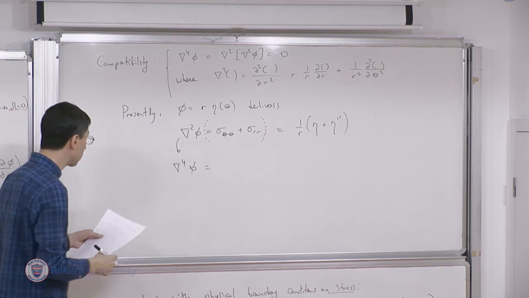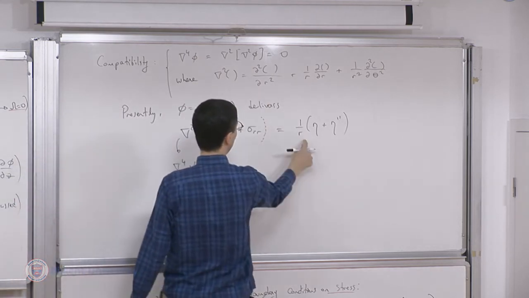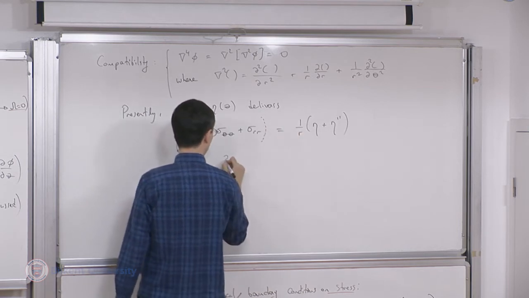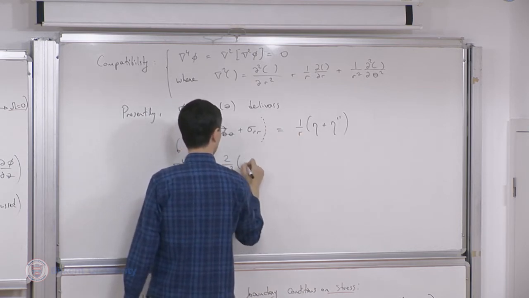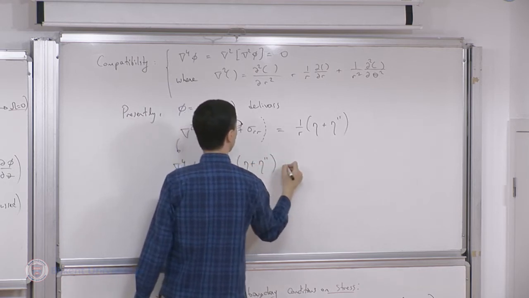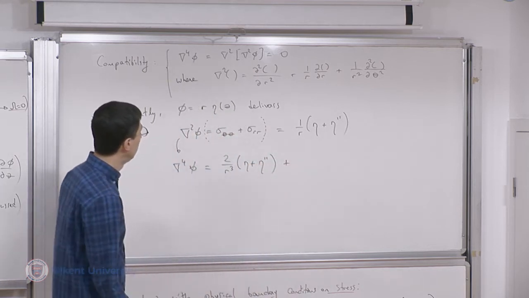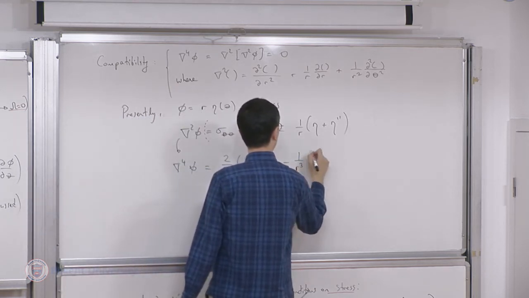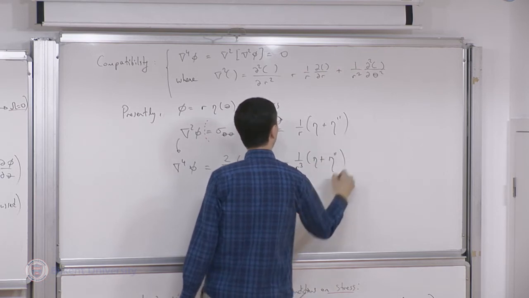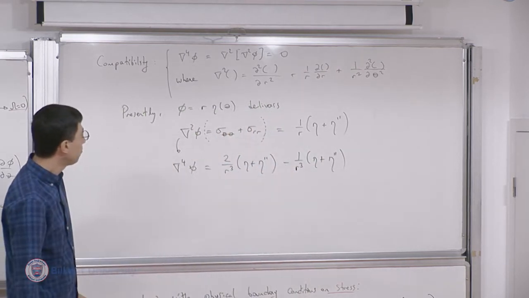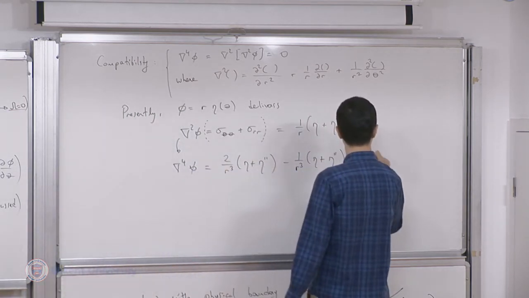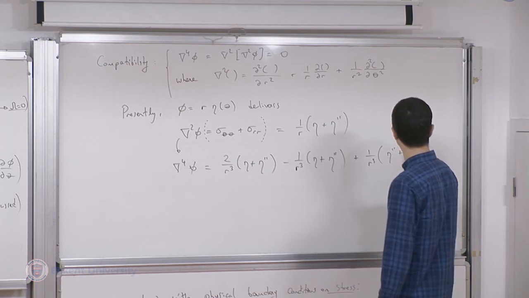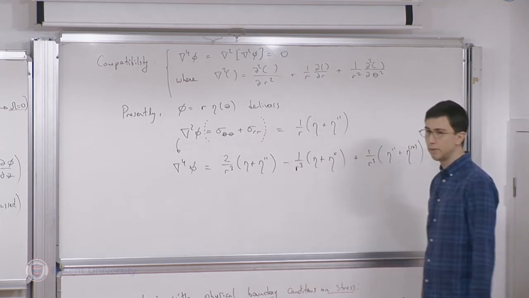So let me do it step by step. You can first take the first term, right? Minus 1 over r squared, and then once again, 2 over r cubed. So 2 over r cubed, eta plus eta double prime, plus or minus 1 over r cubed, eta plus eta double prime, and then plus 1 over r cubed, eta double prime plus eta fourth derivative.